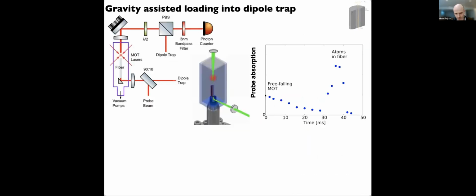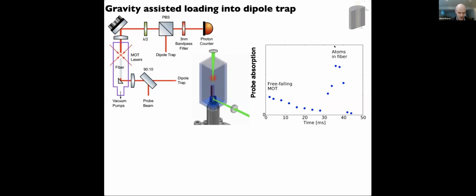So if we look at how the absorption of our probe going through the fiber changes with time, you see this probe being absorbed in the atoms above the fiber, and then at some point, once the atoms approach the fiber face, you see this shooting up of the absorption.